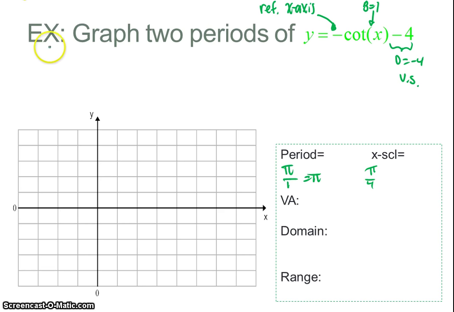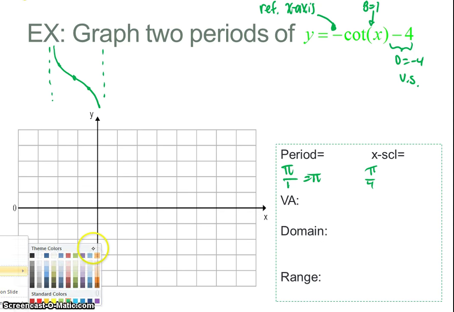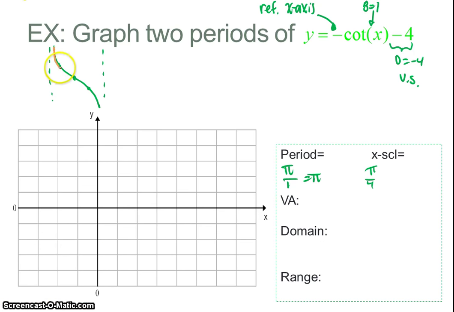Okay, so typically our cotangent starts on the y-axis, and it is up high, goes to the middle, and comes back down where we have our key points that revolve around the midline. When we have a reflection across the x-axis, what happens is this chunk reflects downward, and then the other chunk reflects upward.